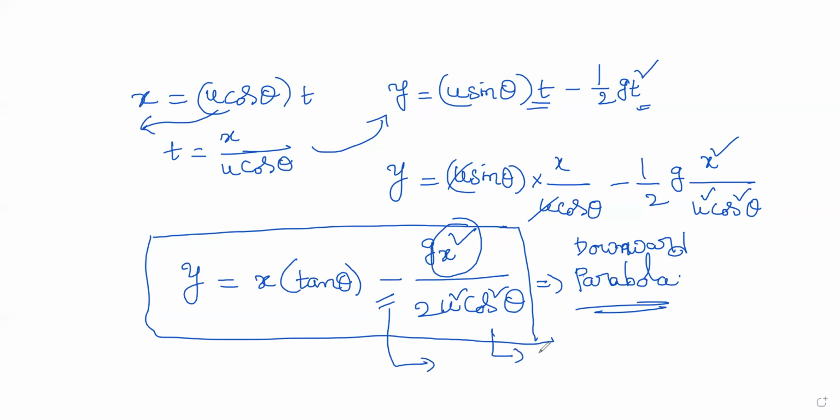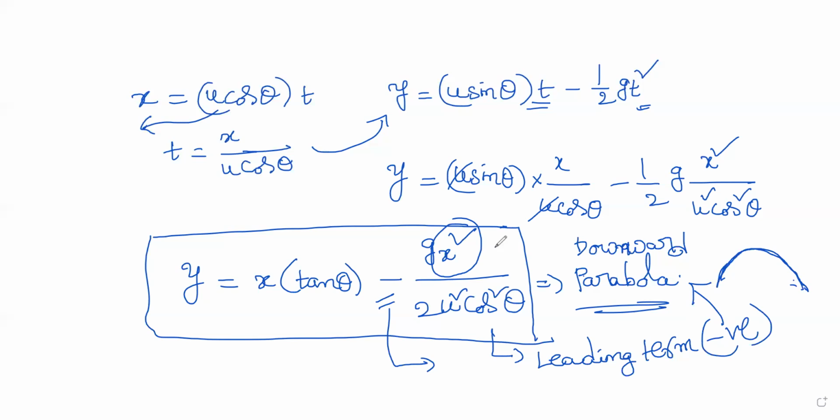If the leading coefficient is negative, you are going to end up with a downward parabola. So like this, like that. So this tells us that the projectile motion, what you are going to get is a downward parabola. Okay, that's clear. Now the next part, let us study.